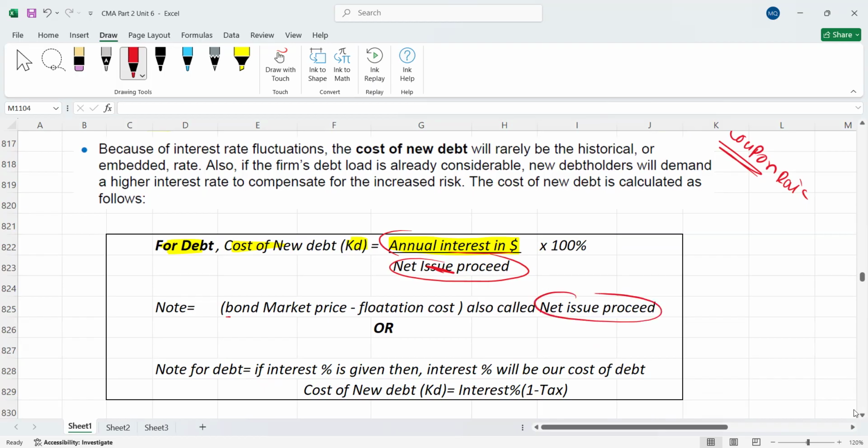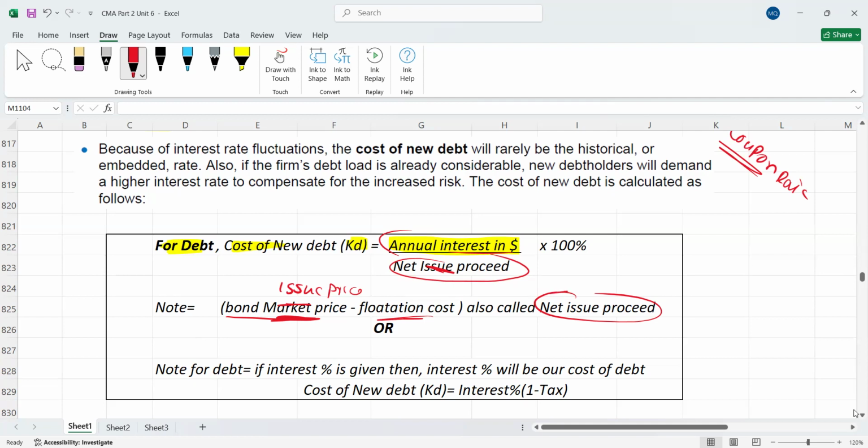So net issue proceeds, this is how you will calculate. You will take the bond's market price. Market price means the issue price here. If the issue price is not given specifically, you can assume that the bonds are issued at the market price, then you can use the market price as the issue price. But if the issue price is given separately, we take issue price minus flotation cost. Flotation cost means the issuance cost.